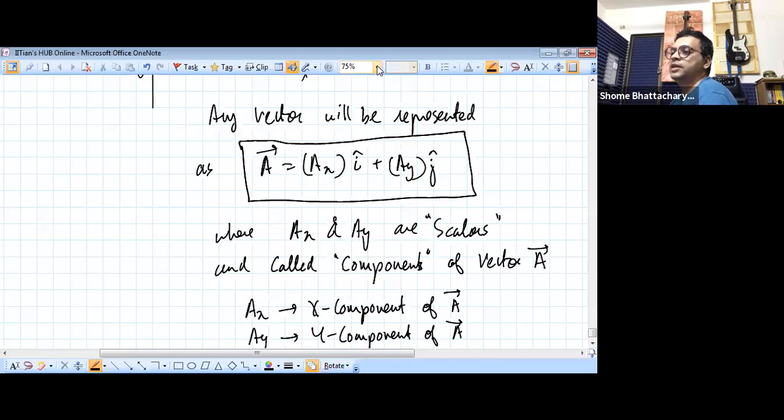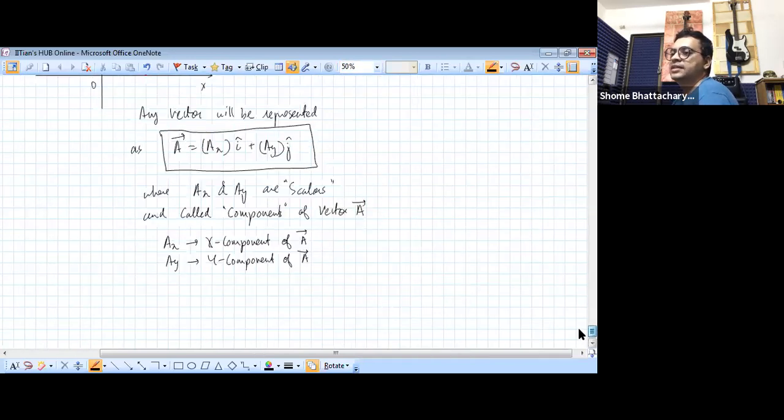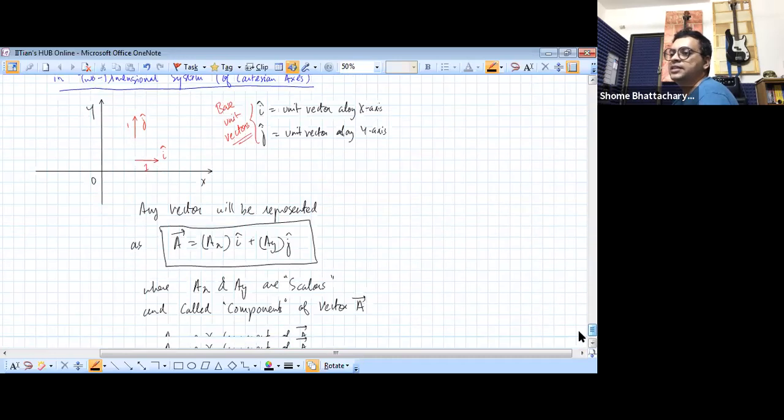So just note down this part and I'll explain what this means actually. So this is just like a definition now. When we represent a vector in component form, this is how it looks. This is vector A represented in component notation, component form.